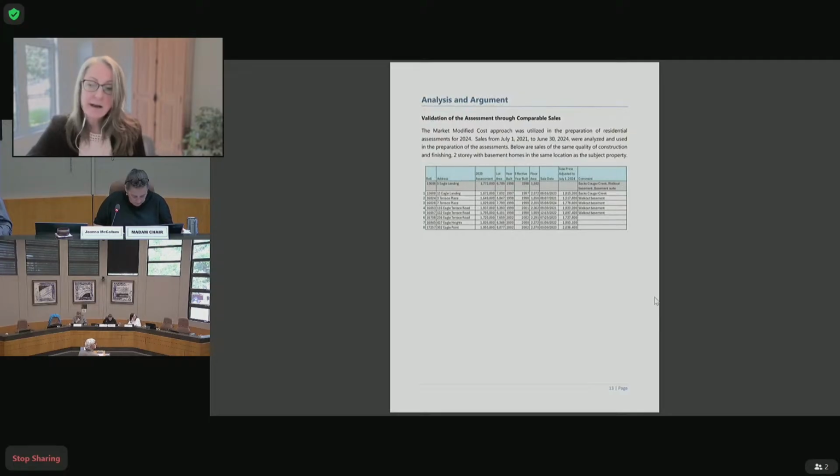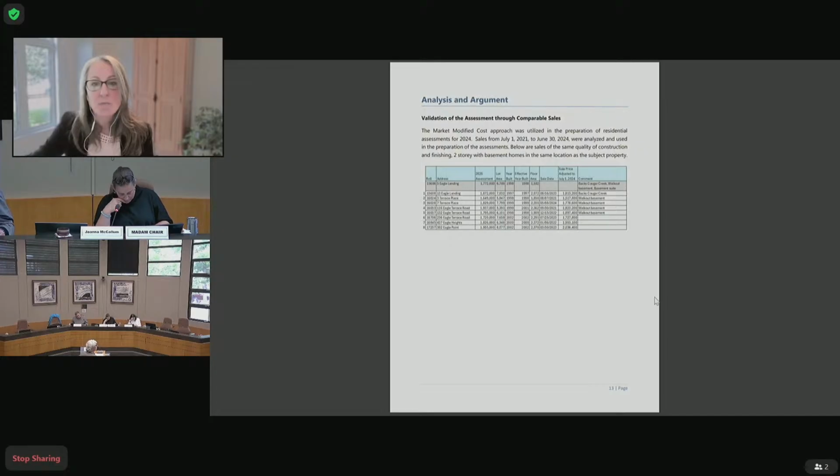However, I can verify that these properties do have walkout basements and they are being adjusted in the same manner as the subject property. These properties also share similar lot sizes. The comparable property at 13 Eagle Landing also backs onto Cougar Creek, which is similar to the subject property.